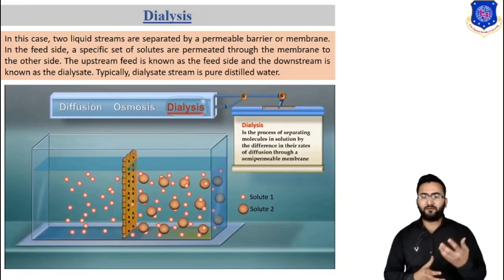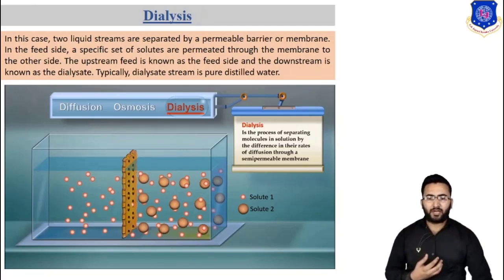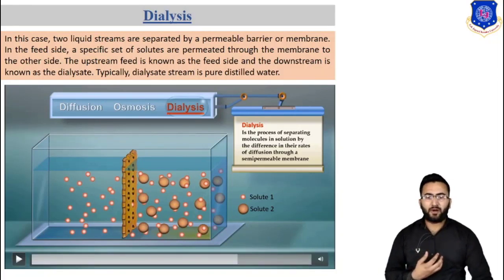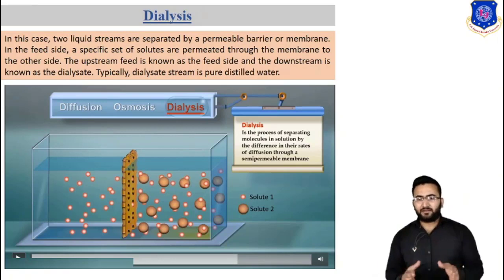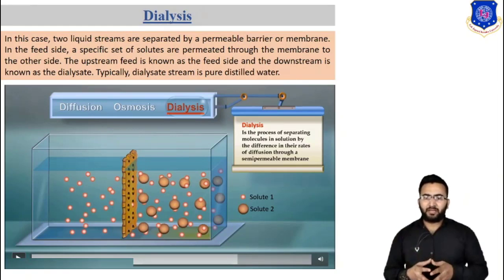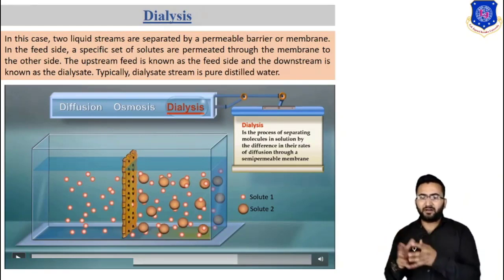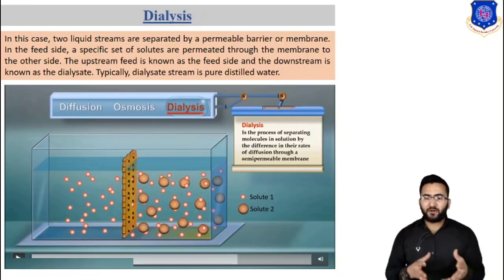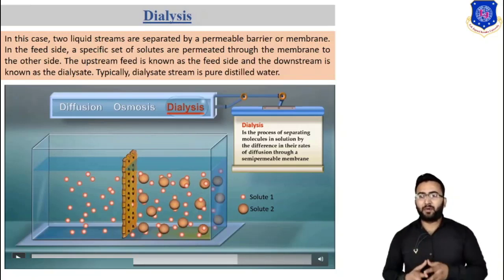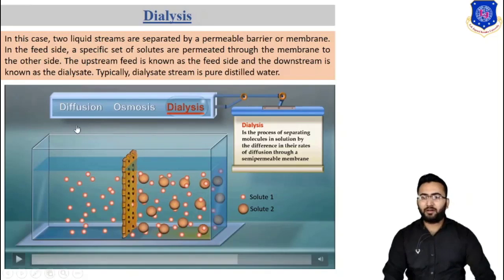The duration of separation depends on the rate of solute transport through the membrane. The removal of urea and creatinine from the bloodstream is the best example of dialysis. So dialysis is the separation of molecules in a solution by the difference in their rate of diffusion through a semi-permeable membrane. So this is all about dialysis.